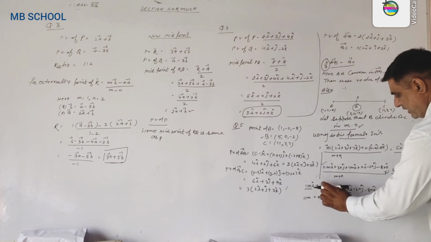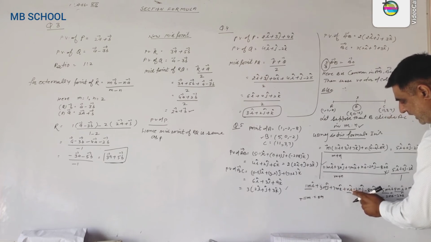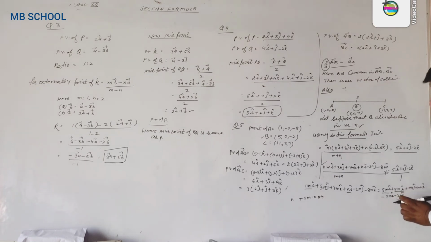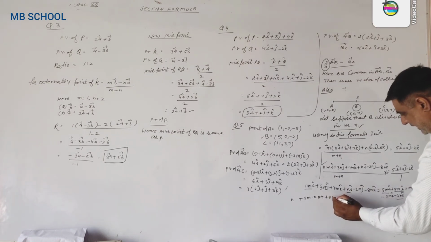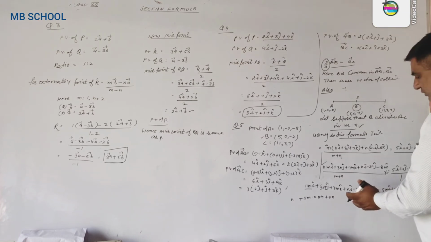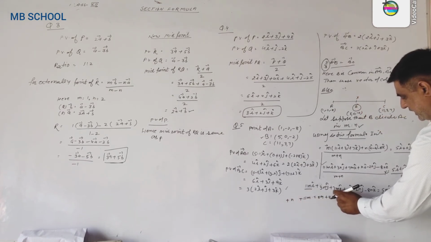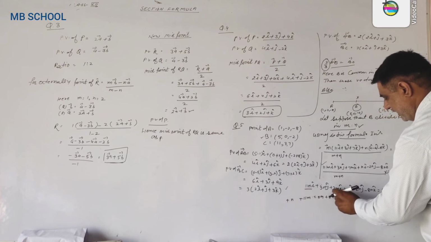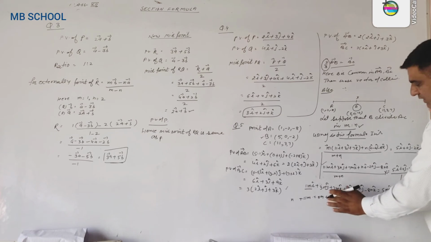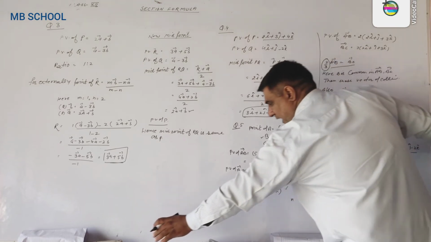And here the value of n is ni, and on the other side 5n. We could also take the values of j and k, but to find the section formula, if we take only i, that is enough. So we take only i of these.